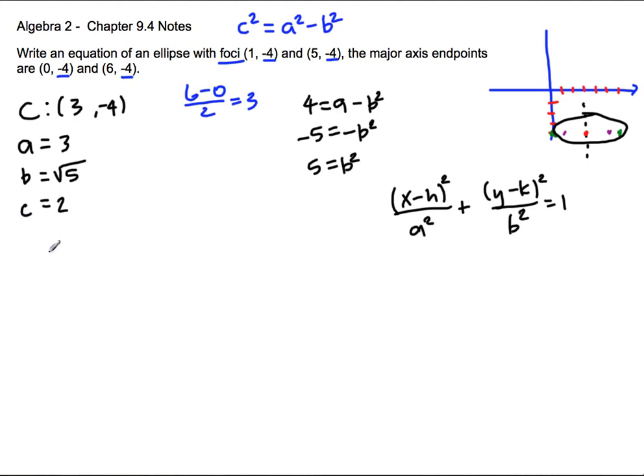So it's going to look like x minus 3, squared, divided by the larger number, which is bigger, 3 or the square root of 5? It's 3, so 9, plus y minus negative 4, which is y plus 4, squared, over the square root of 5 squared, which is 5. And so there is my equation for this problem. Really, it just takes a real rough sketch to get an idea, and then some math, and you're good.